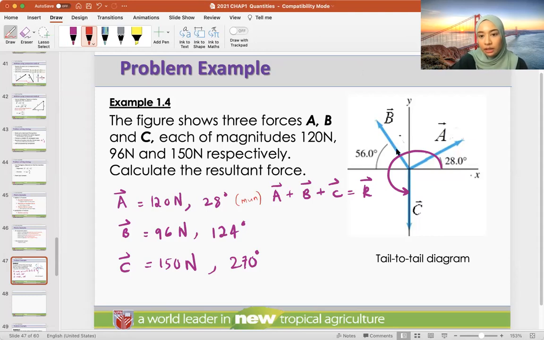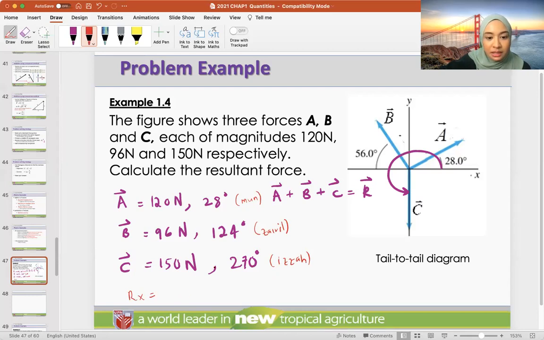And then I want Zyril to break down B into its X and Y components. Jadi saya panggil, bagi tahu saya jawapan dia. And then I want Amira, sorry, not Amira, Iza to break down C.